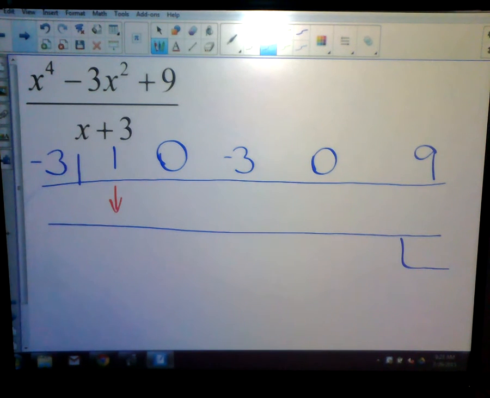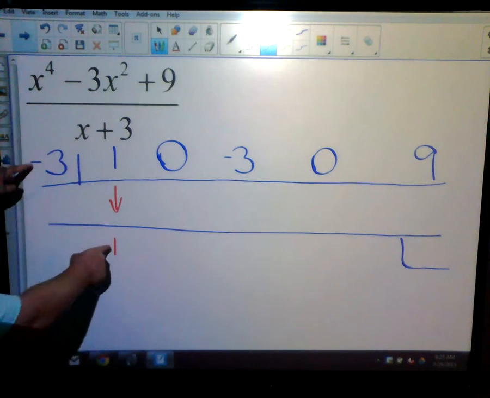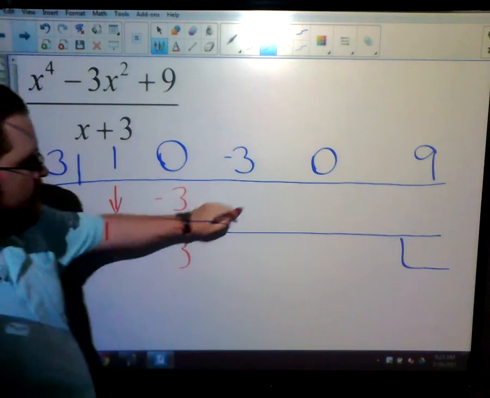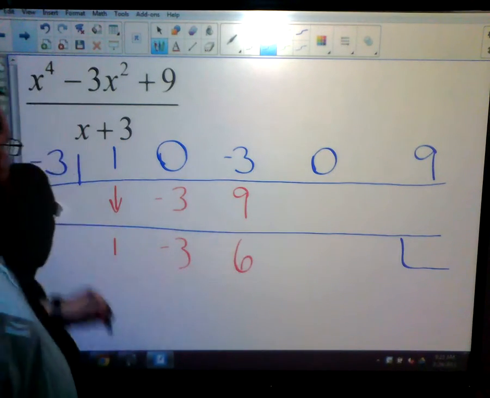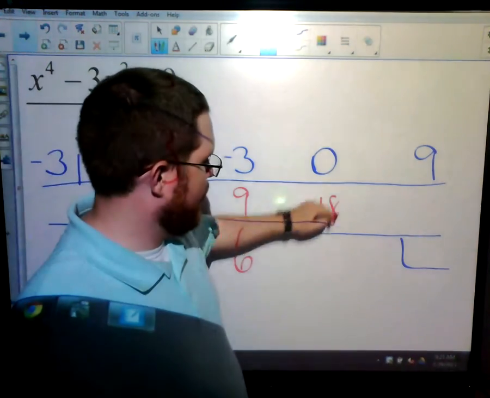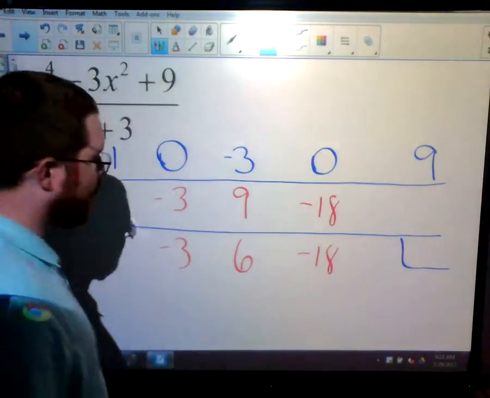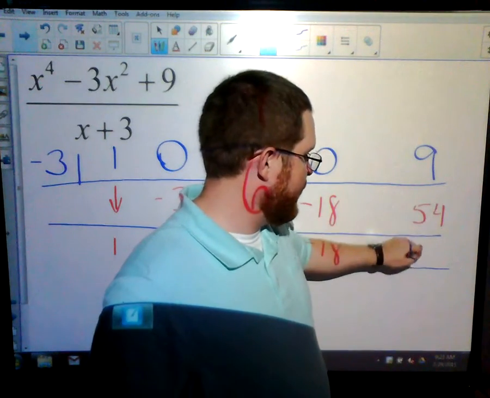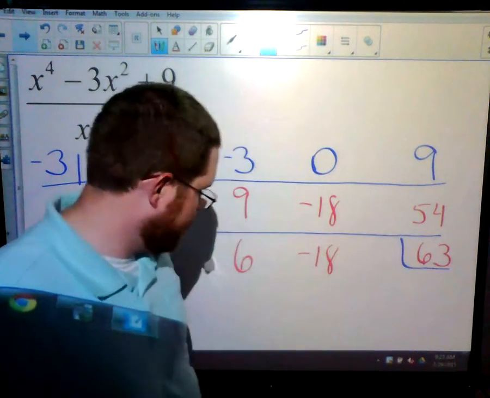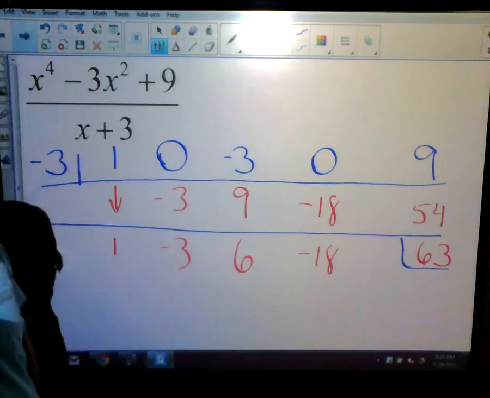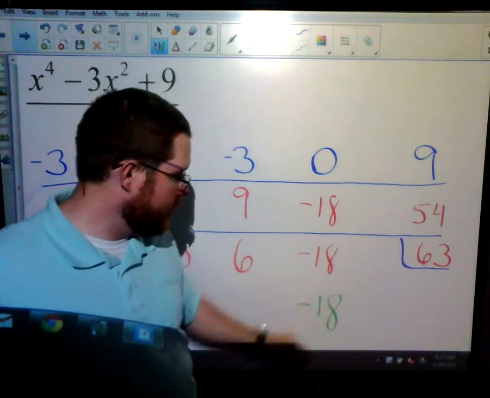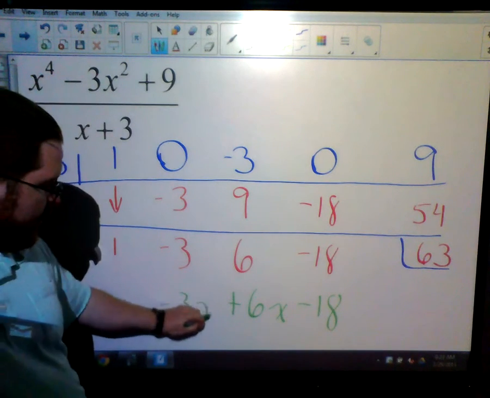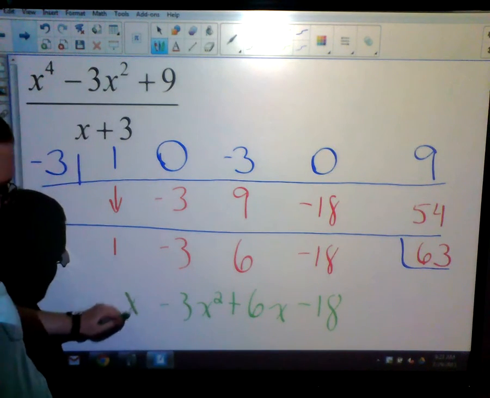Drop the first one. Multiply, add, multiply, add, multiply, add, multiply, that's 54, add 63. So now how do I write this? Well, this is negative 18 is a regular number, positive 6 is an x, minus 3 is an x squared, and 1 is an x cubed.